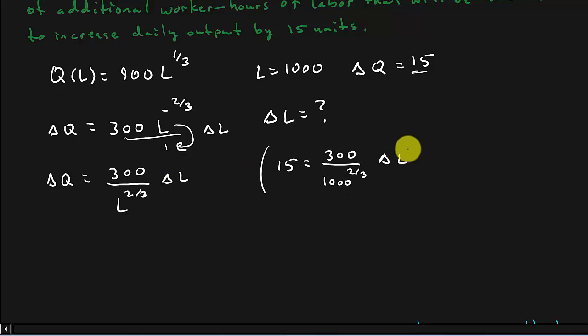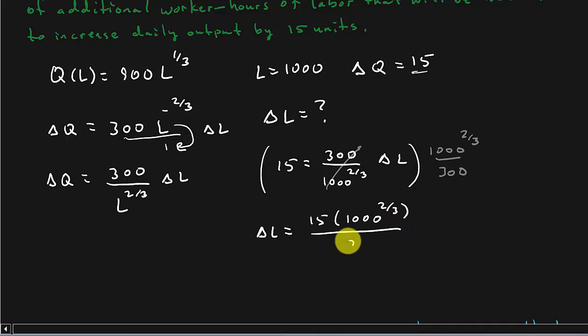So basically, to do that, what are we going to do? We multiply by 1,000 to the 2/3 over 300 on both sides. That cancels it out there, and I'm left with delta L equals 15 times 1,000 to the 2/3 over 300.